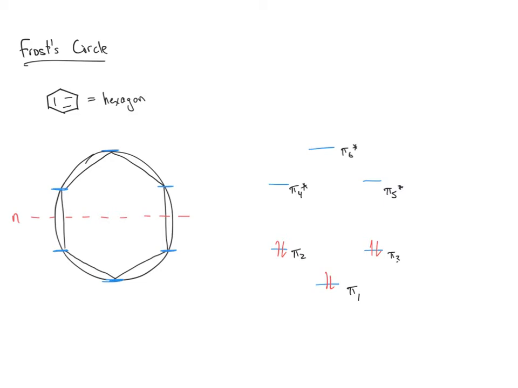So what do these orbitals actually look like? Well, let's try to copy this over and see what the orbitals actually look like if we use our rules of linear combination of atomic orbitals and draw some nodes. Okay, so let's draw out the orbitals again.